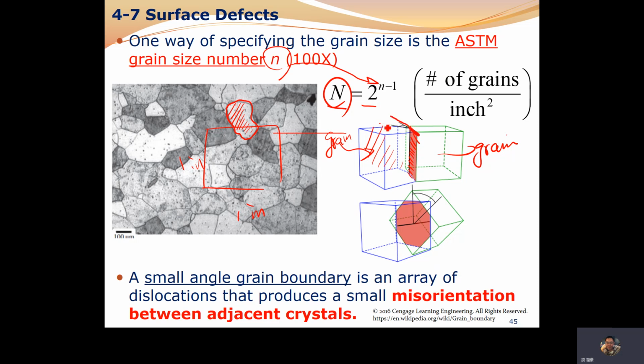This is a small angle, and the grain might twist. Therefore, this region is the grain boundary, from a three-dimensional perspective.